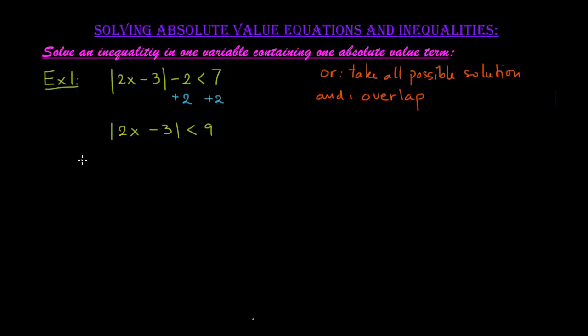The first case stays exactly the same: 2x minus 3 less than 9. For the second case, we flip the inequality sign and change the sign of the number, so 2x minus 3 greater than negative 9. The problem is, which word should I use here, or or and?